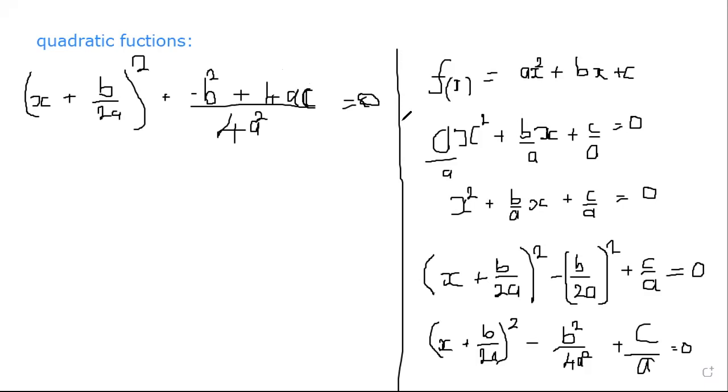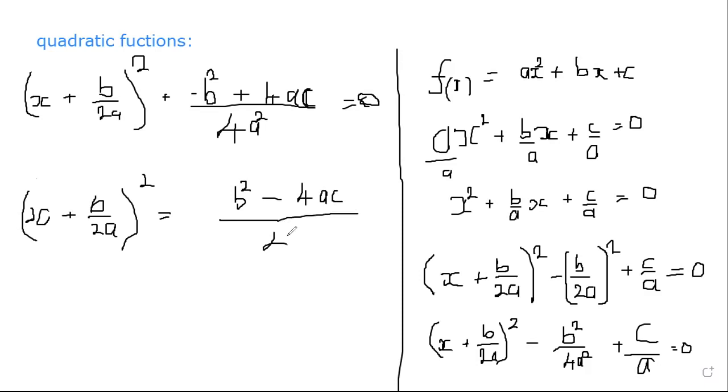So we'll just take this to the other side so that we remain with x plus b over 2a, the whole lot of this squared, is equal to b squared minus 4ac over 4a squared.